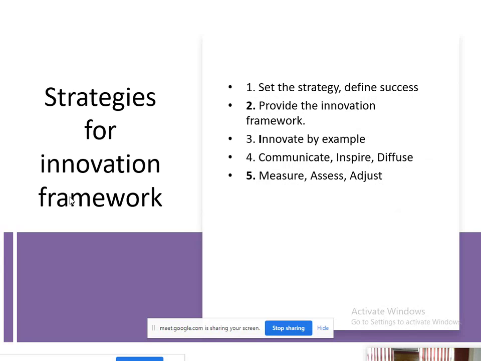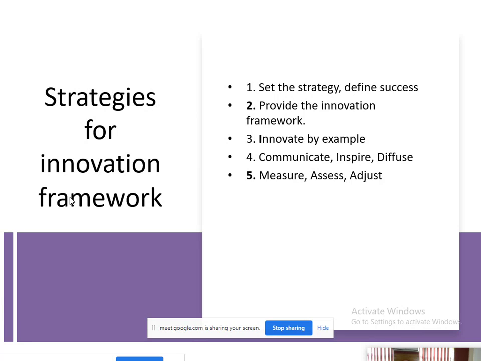And these are some strategies for the innovation work. For the innovation framework, definitely, I'm discussing the innovation framework, and there must be some strategies. So these are some strategies. First, set the strategy. That means what will be the strategy. And I have already told that there are strategists, communicators, and technologists who will look after this.